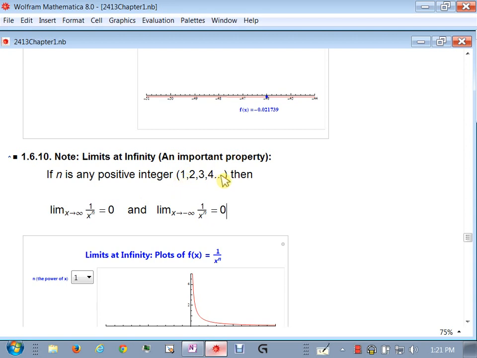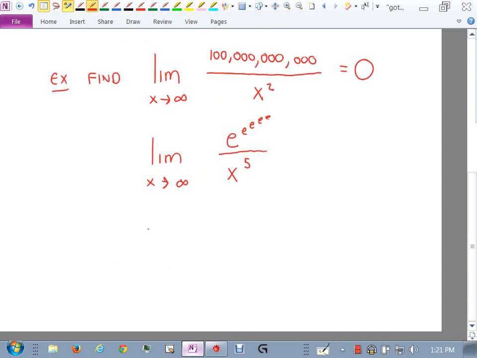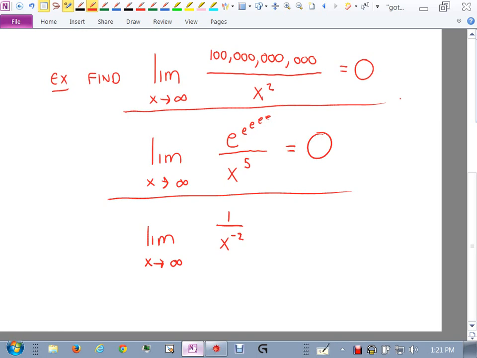What if it's negative? What if I have the limit as x goes to infinity of 1 over x to the negative 2? Is that 0? No. That's not a positive number. In fact, I should have put 0 up here. That one was 0. If you rewrite this problem, isn't 1 over x to the negative 2 the same as x to the positive 2?